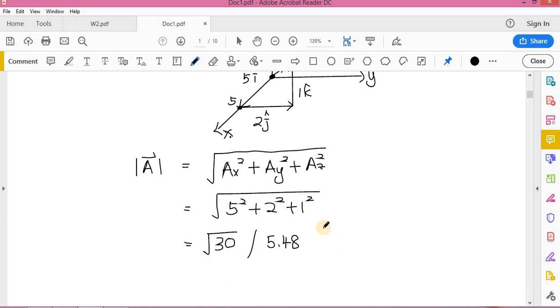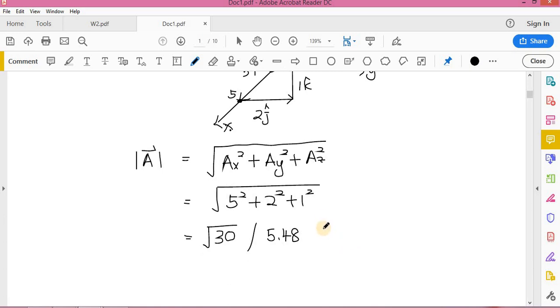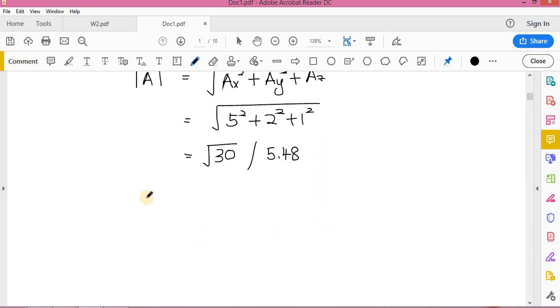Another parameter that you might need to calculate quite often in this subject is the unit vector A. So how do we calculate the unit vector? For the unit vector, its symbol is this one.